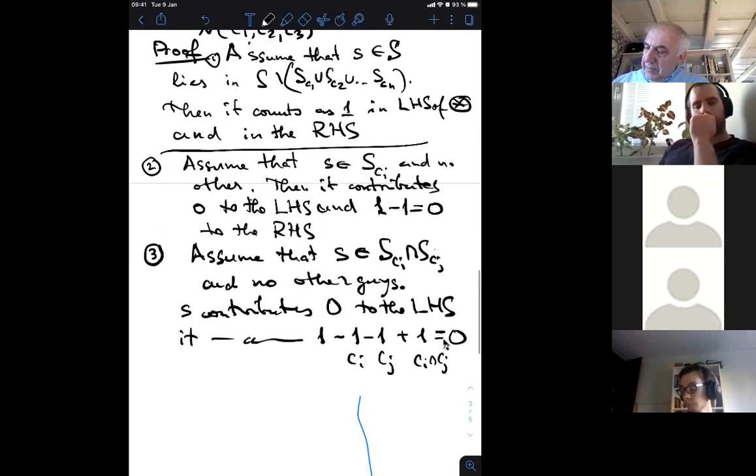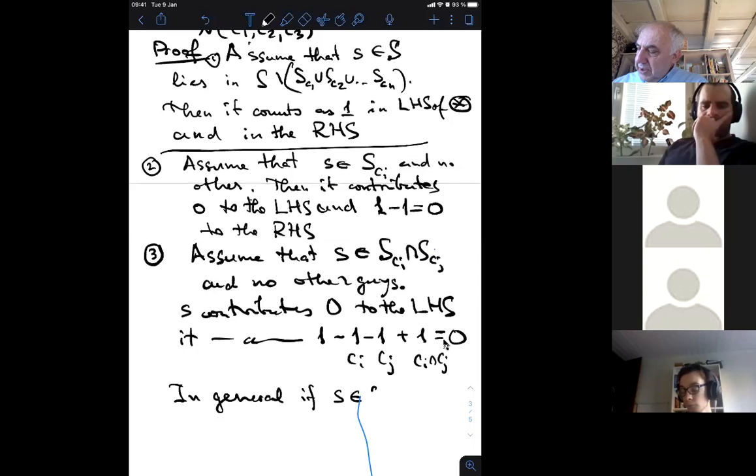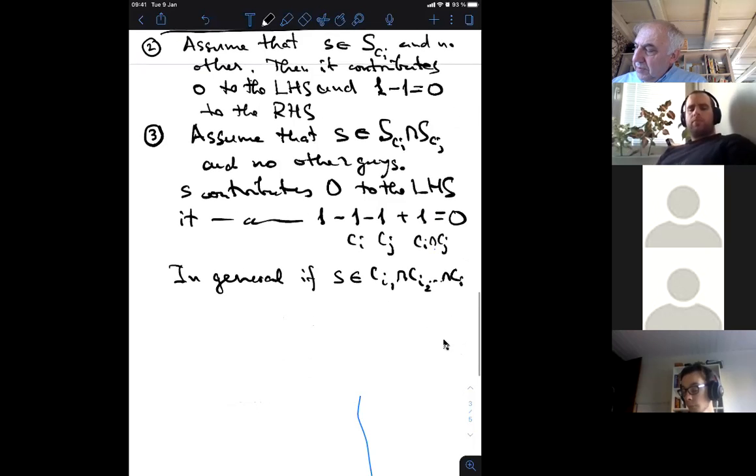So in general, if S belongs to the intersection of some Ci1, Ci2, Cil, and no others, then the count would be as follows.